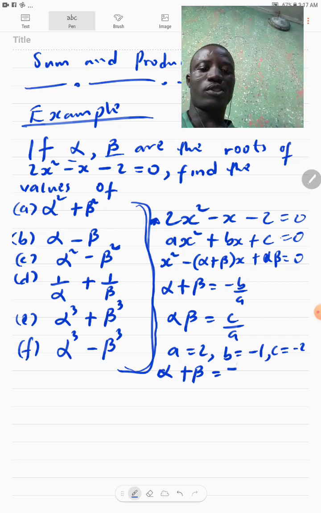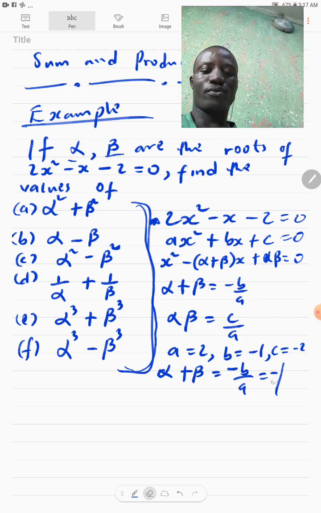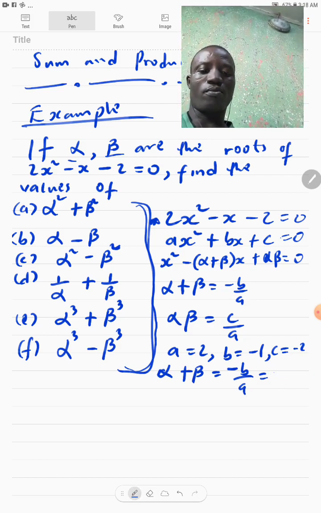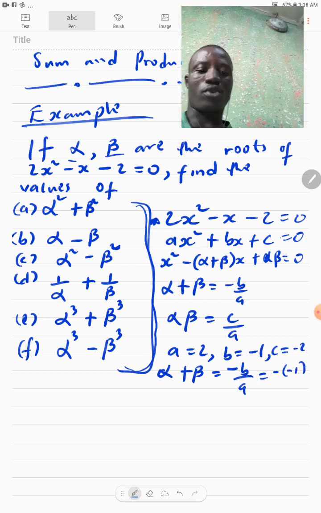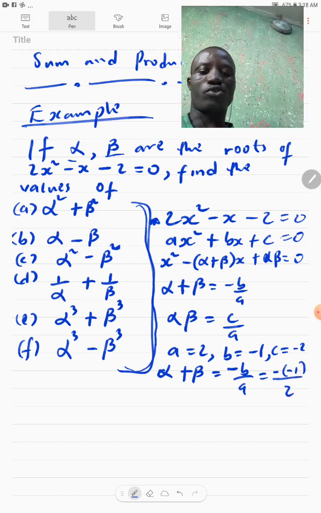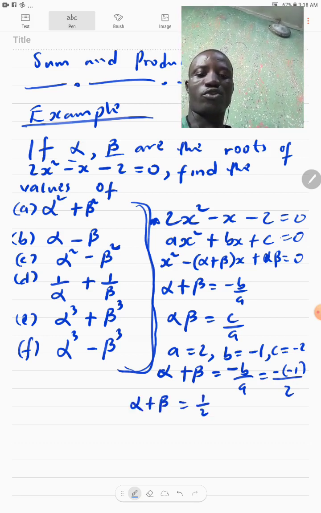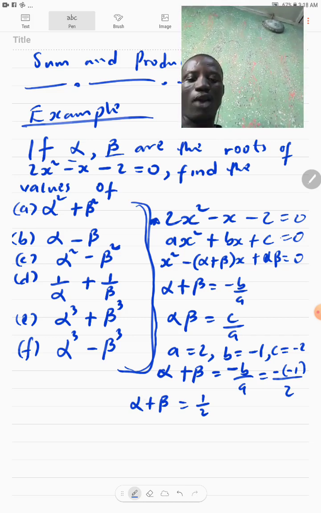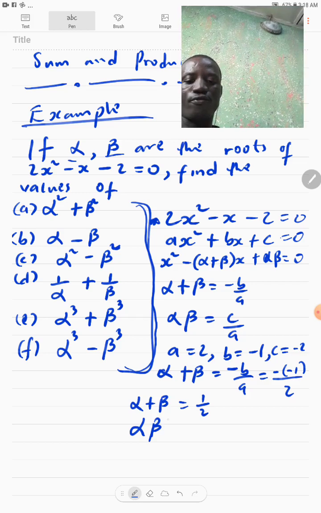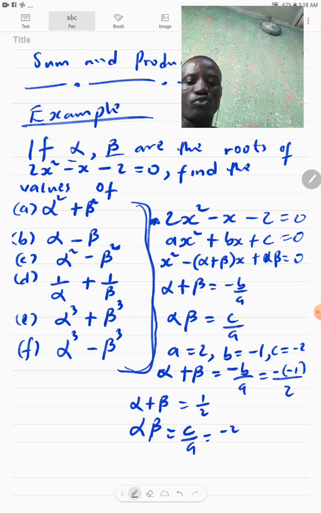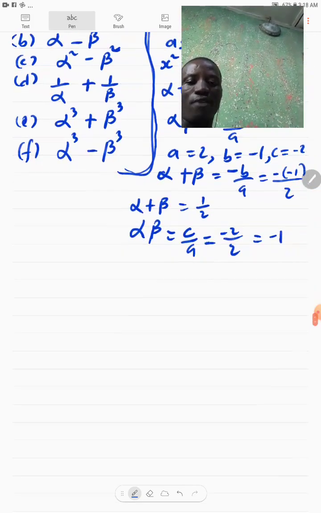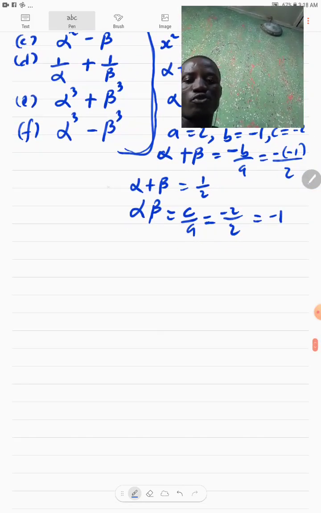So alpha plus beta is minus b over a, which is minus bracket minus 1, putting in b now, over our a, which is 2, and that gives 1 over 2. So our sum of roots is 1 over 2, and our product of roots alpha beta is c over a, which is minus 2 over 2, so that will be minus 1. So this is what we have for our sum of roots and product of roots.